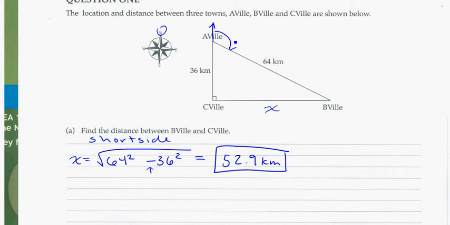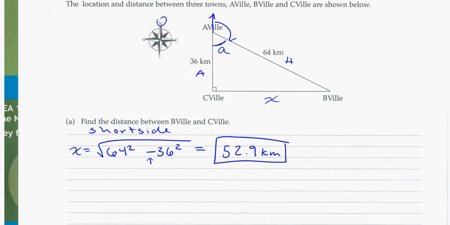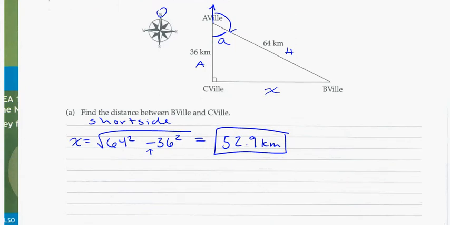So we have a right angle triangle. We've got the information for all three sides, and we can use some of that information to possibly find an angle. So what happens if we look for this angle inside of here? Let's call it A. Well, this is the adjacent. This is the hypotenuse of the triangle. And since we're trying to find an angle, we're going to use our trig functions like sine, cosine, and tangent.